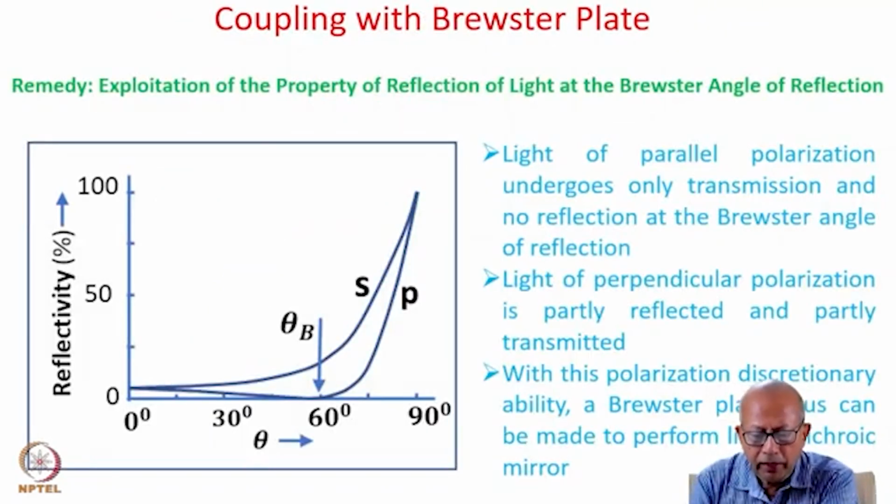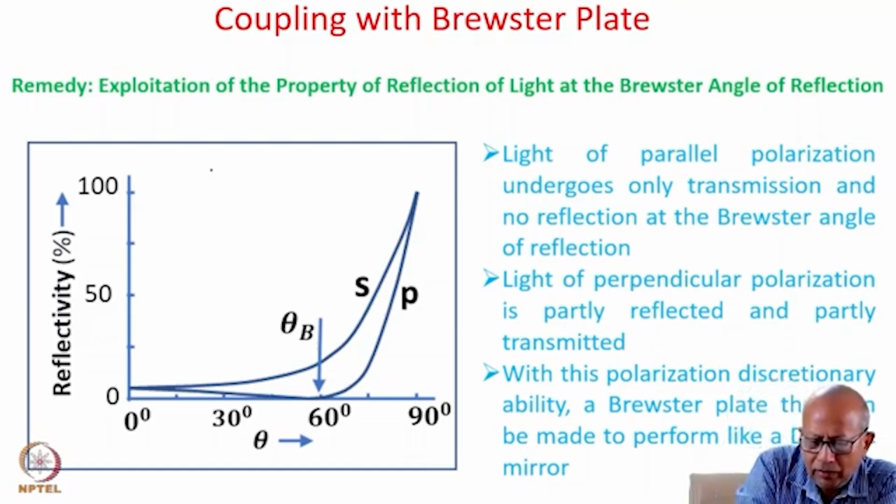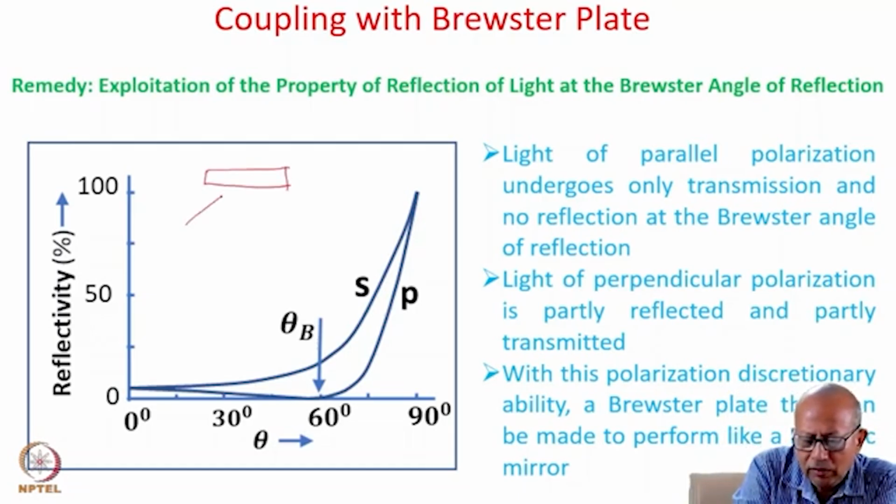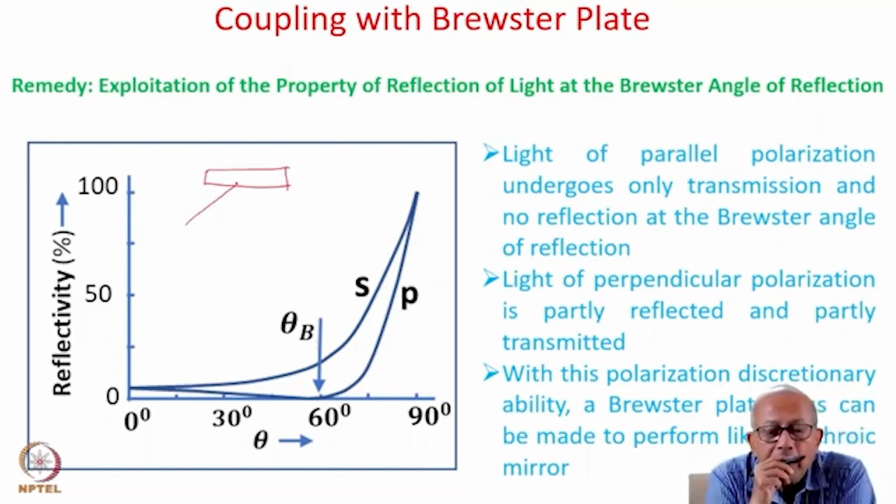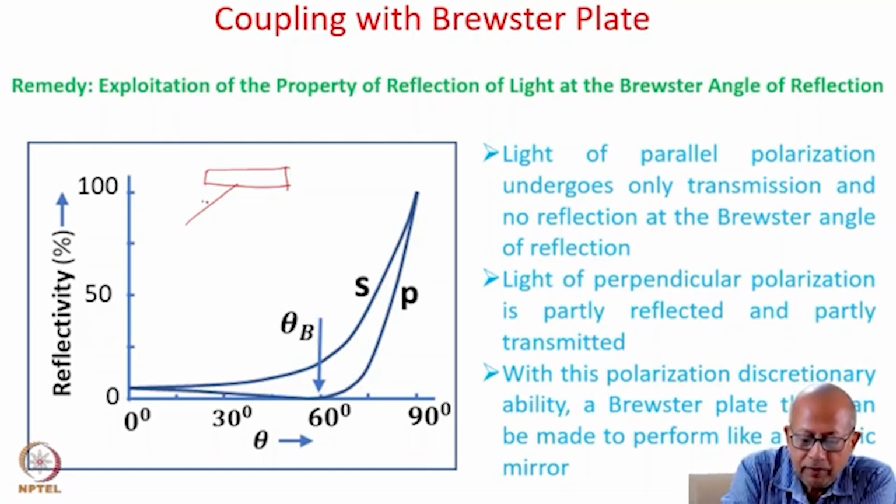You know very well that reflection of light depends not only on the angle of incidence but also on the polarization of light. What I mean is, suppose light shines on a rectangular glass plate.